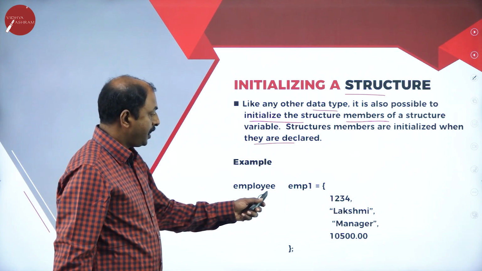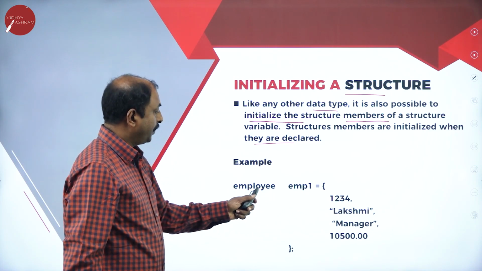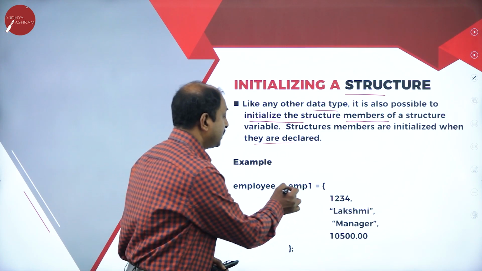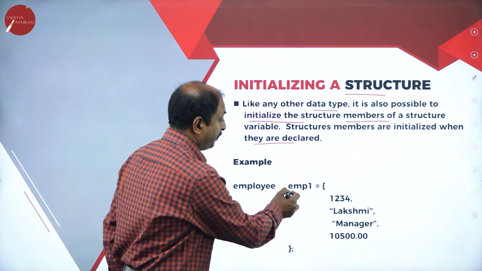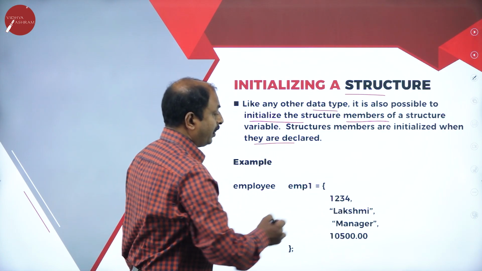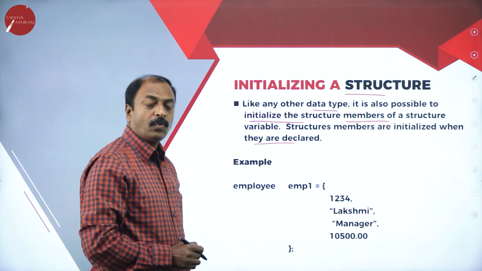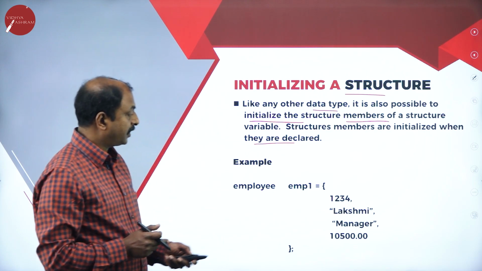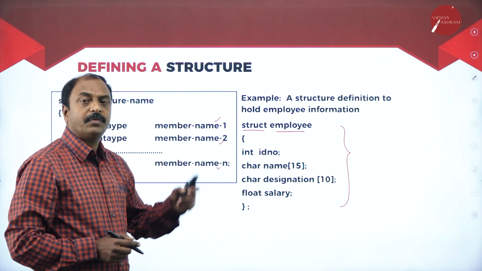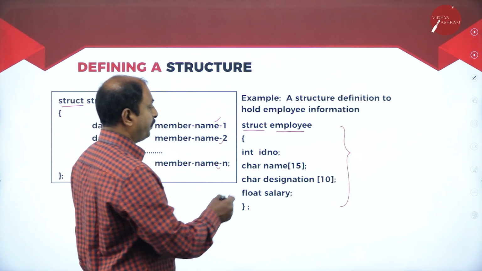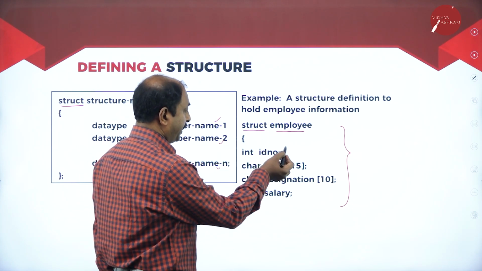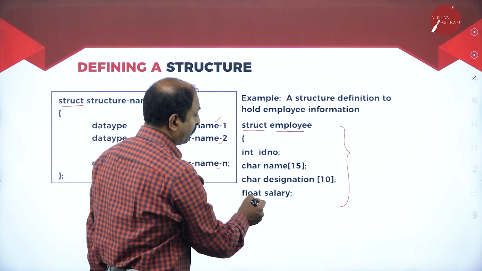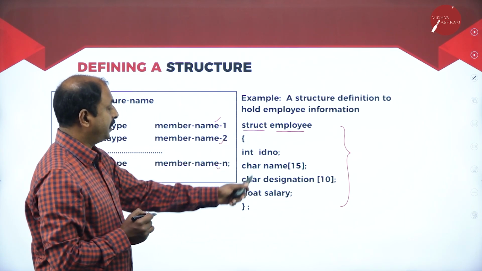Here employee is the name of the structure, EMP1 is the structure variable, and here we are entering the values in the same order as you have declared. Now this example corresponds to the structure you have defined here. In this example, we have int ID number, char name, char designation, and float salary. So this is the structure.